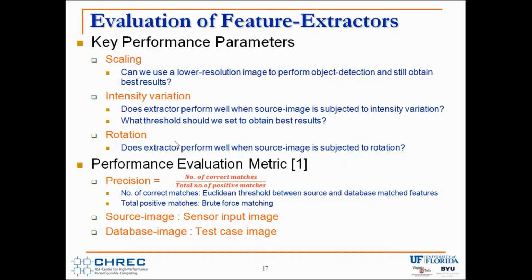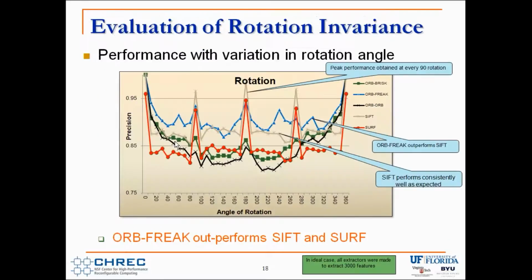The performance of these kernels can be evaluated in terms of precision, which indicates the confidence at which the object can be matched in spite of the intensity, rotation and scale changes. The precision is the ratio of the number of correct matches to the total number of positive matches.